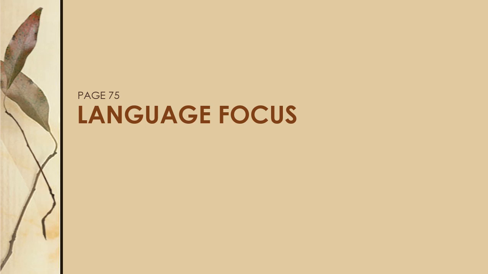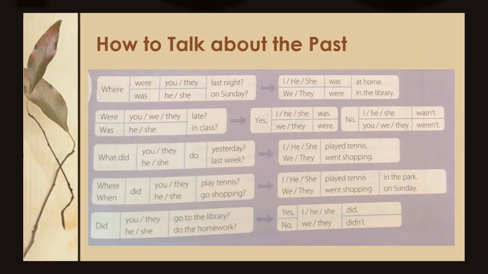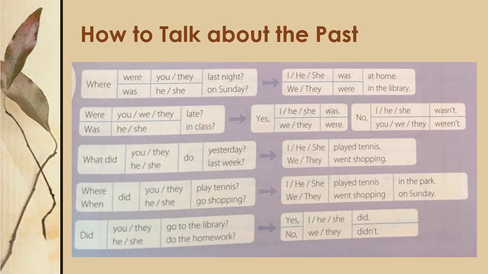Turn to page 75 and let's see how we can talk about the past. Like any other conversations, to talk about the past, we must know how to ask questions and to give responses or answer.